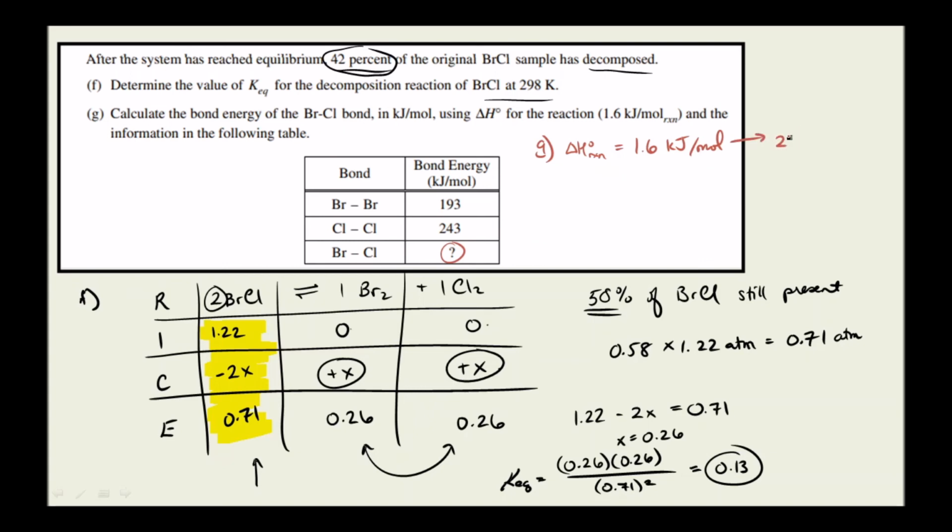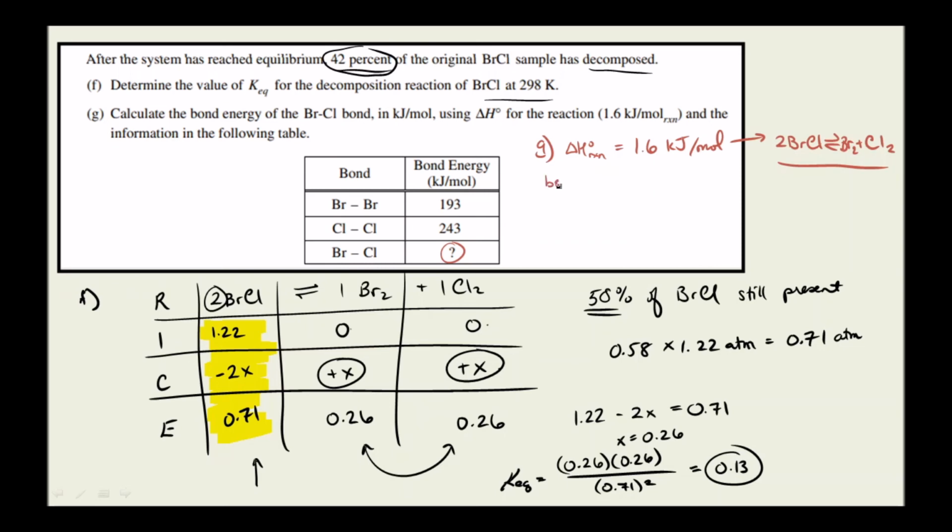Well, it's the reaction that they gave us on the last page, that 2BrCl is in equilibrium with Br2 plus Cl2. So if we look at this reaction, it is a decomposition reaction. So BrCl is decomposing and forming Br2 and Cl2.